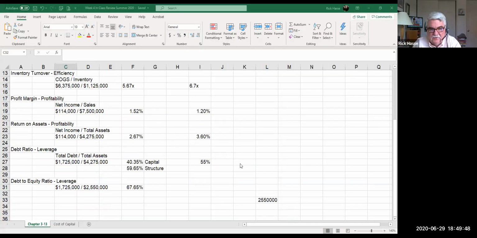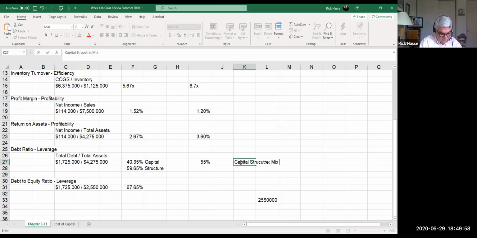Capital structure is defined as the mix of debt and equity for a company. In other words, I have assets. They are funded by debt and equity.